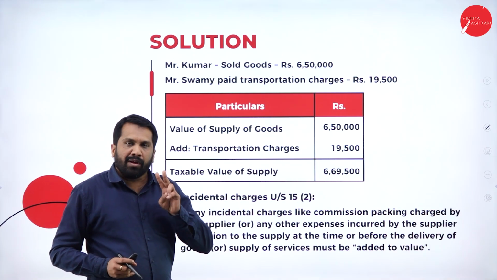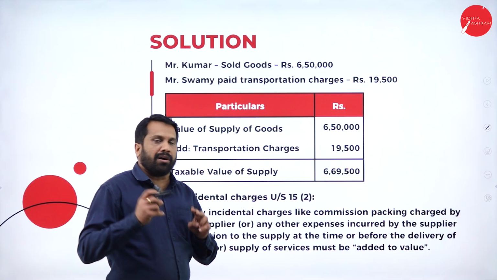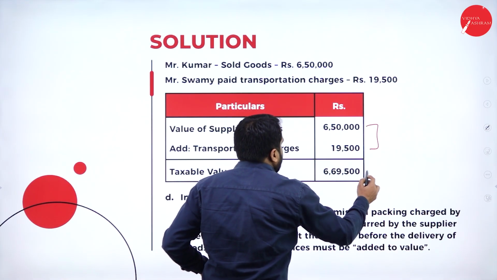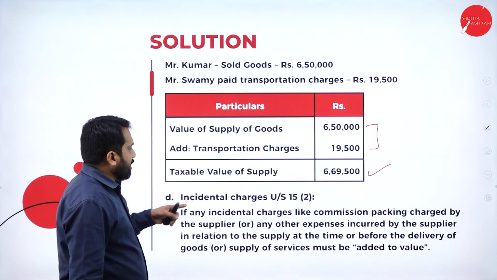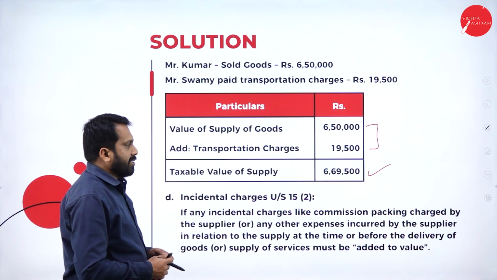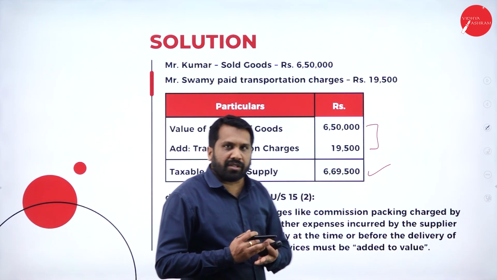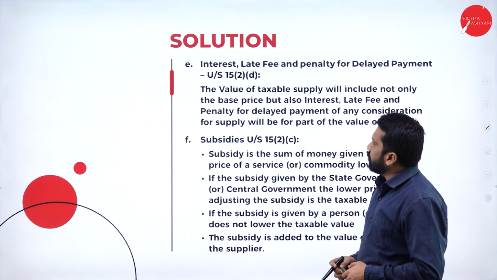Which are those two? One is all the taxes and the second is subsidy by the government. Now add these and you will get 6,69,500. Incidental charges, like inspection charges, transportation, insurance, packing, all come under incidental charges.